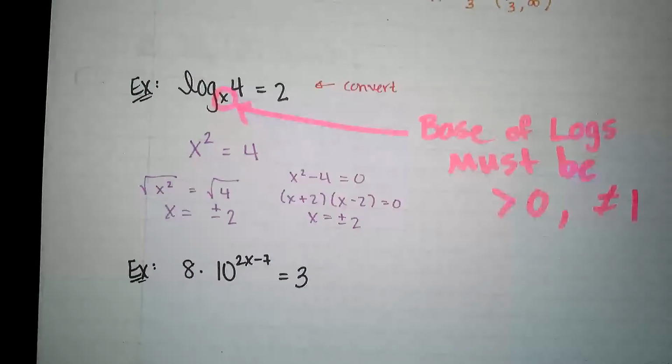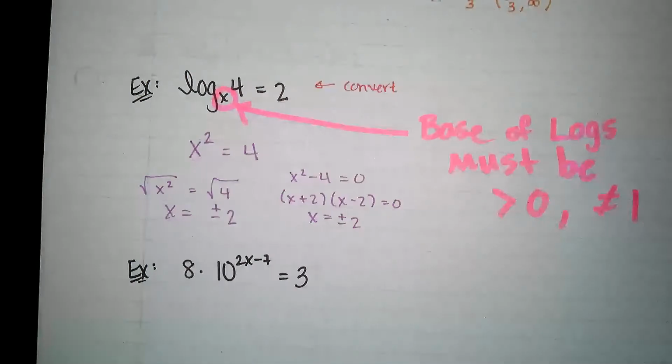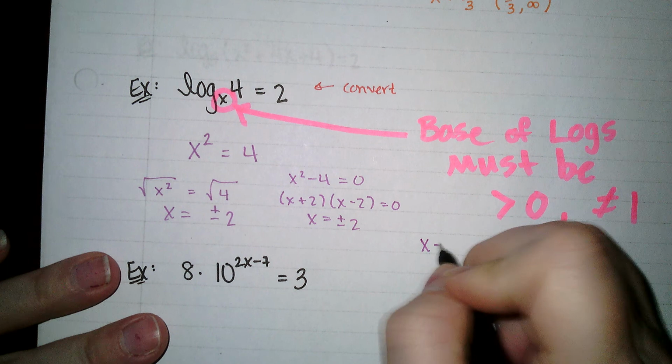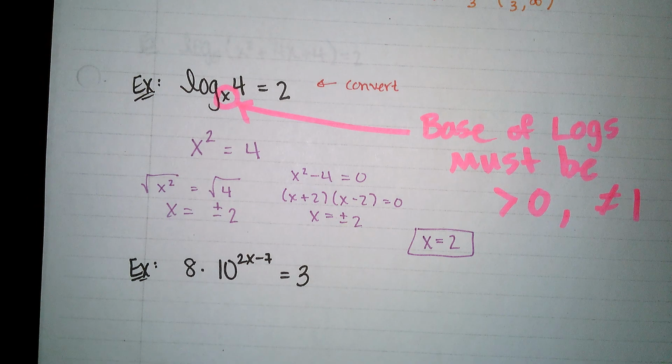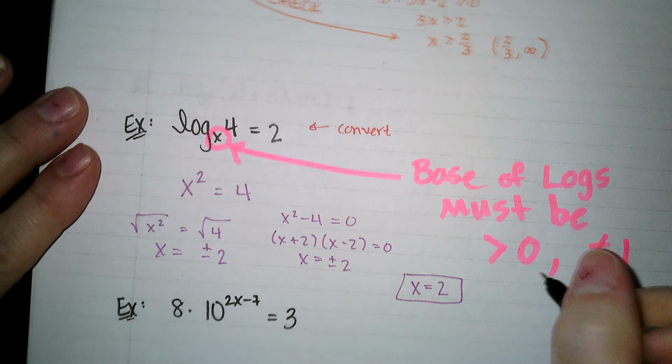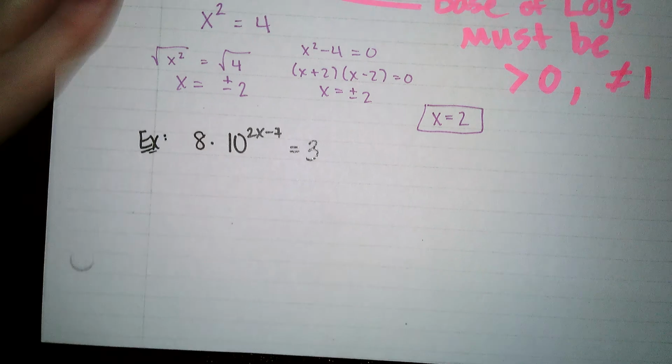So when we get those two answers, x equals plus or minus 2, we're going to have to ignore the x equals negative 2 because it's not a valid base for a logarithm. So the only solution we would have would be x equals 2. Okay, so that's another thing to watch when you have an equation with a logarithm.